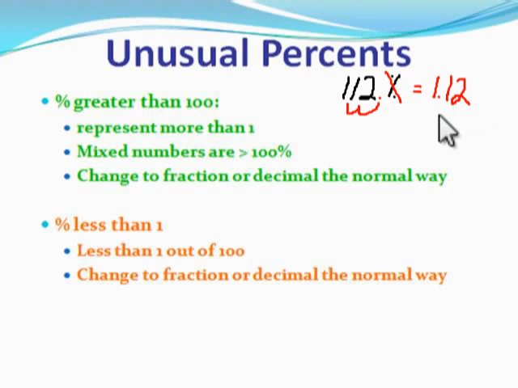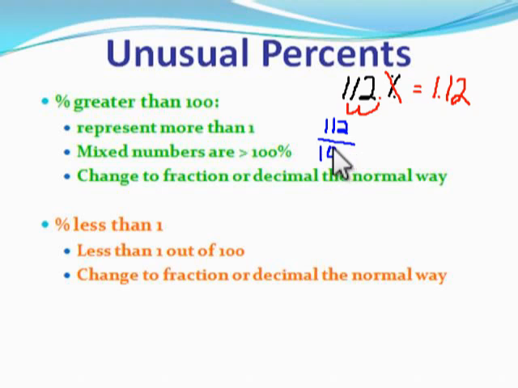Now if we were going to turn it into a fraction, what we would have to do first is go back to that percent, 112%. Well, I shouldn't say first, but we will. And remember that a percent is a ratio based on 100. So whatever the percent is, this time it's 112, we put it over 100.